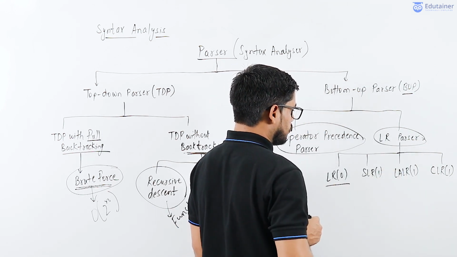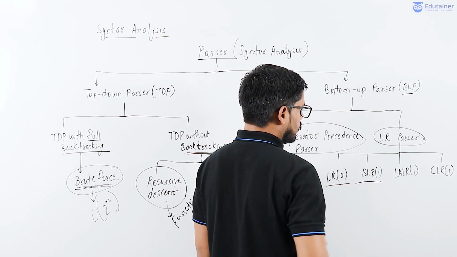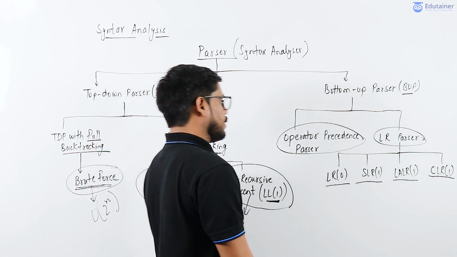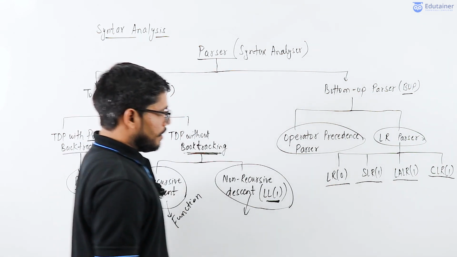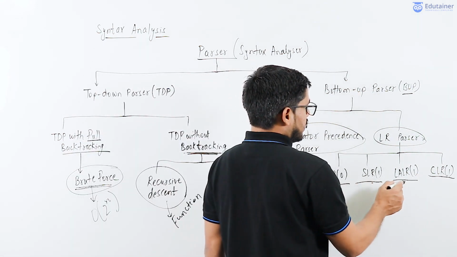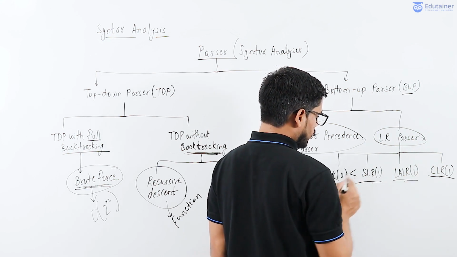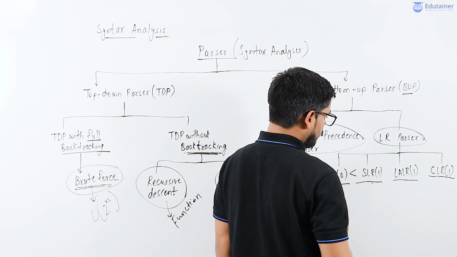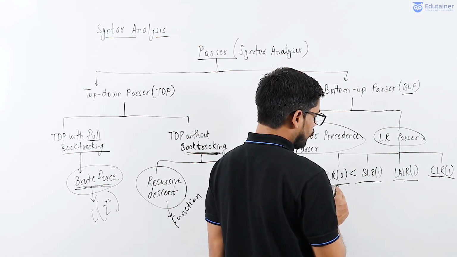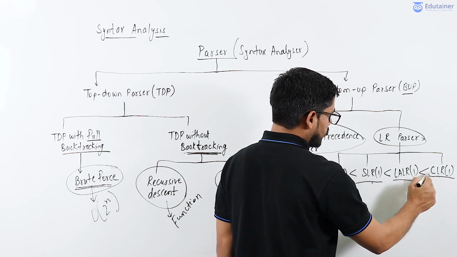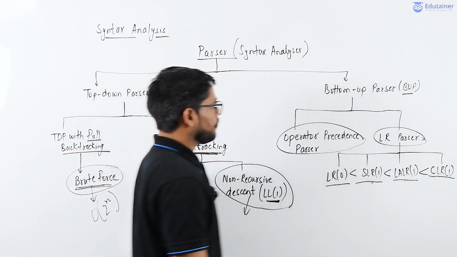First is the LR0 parser, then SLR1, then LALR1, and then CLR1. The power increases from LR0 to CLR1. Means LR0 is the least powerful, then SLR1, then LALR1, and CLR1 is the most powerful parser.